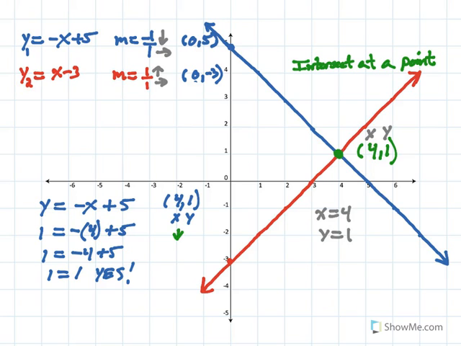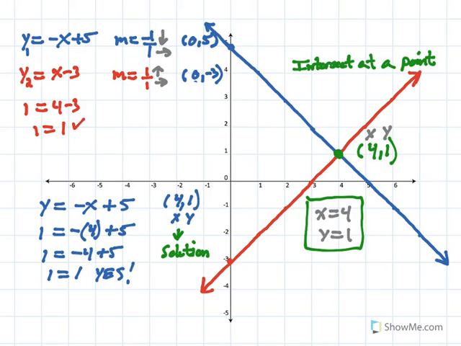And it'll work for the other one in red if you plug it in, because y is 1, so 4 minus 3 is 1, so we know it's going to work. So it is definitely a solution.